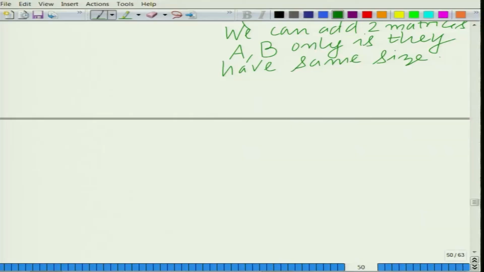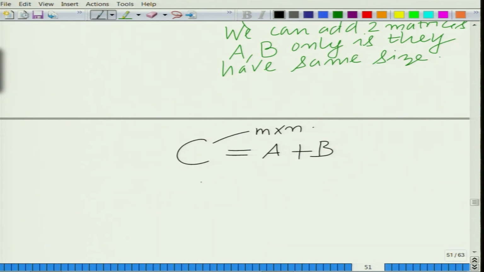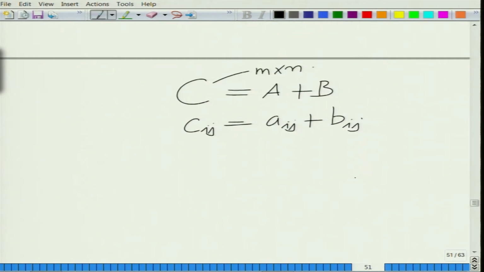So, you add the 1 comma 1 element of A, 1 comma 1 element of B, that gives you the 1 comma 1 element of the addition, right. So, the way to represent this is C equal to A plus B. C will also be M cross N, and you can simply say each element C ij equals ijth element of A plus ijth element of B, or you can also write this, sometimes you will also see C ij equals Aij plus Bij.